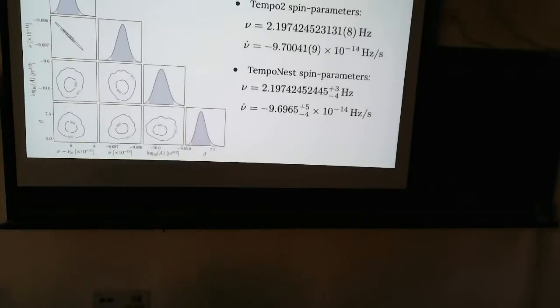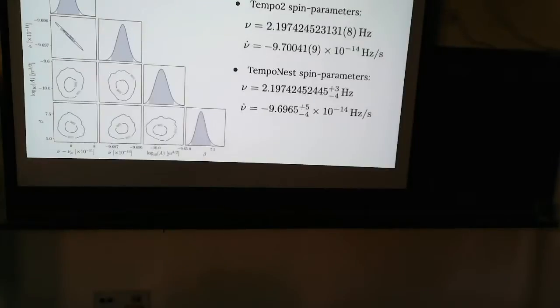So the histograms on the diagonal are the one-dimensional marginalized posterior distributions for each of these individual parameters on either the x-axis or the y-axis. The plots in the squares show what are referred to as two-dimensional posterior distributions.